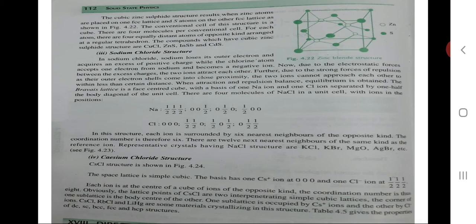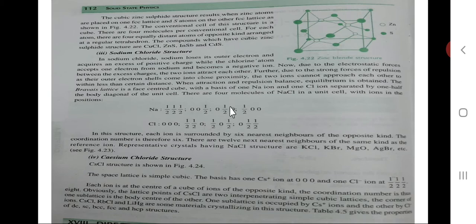The cubic zinc sulfide structure results when zinc atoms are placed on one FCC lattice and S atoms on the other FCC lattice, as shown in the figure.